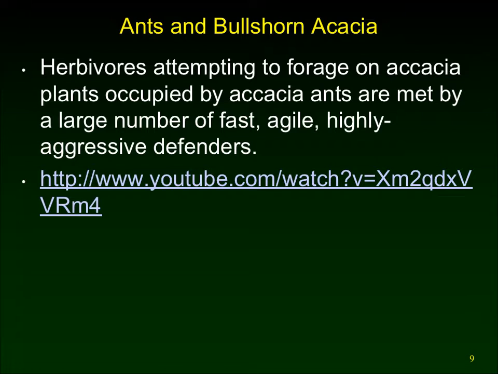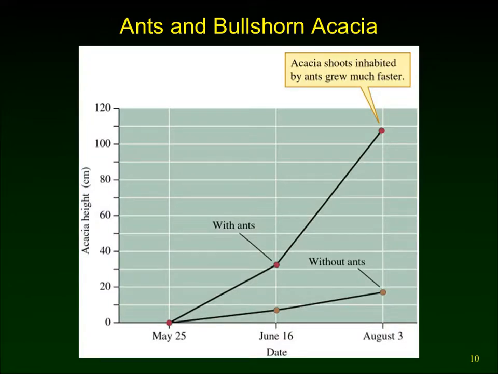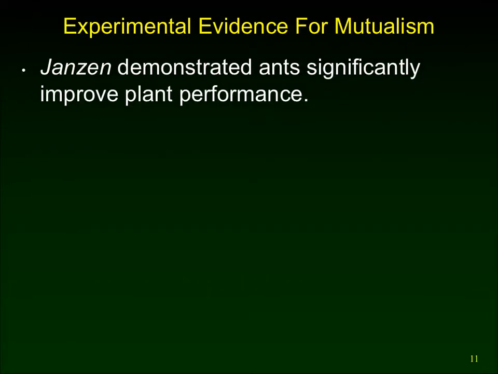And then they also produce some structures called Beltian bodies, which are a source of oils and protein. And you can check out that video for examples here. So here you can see the ants in this acacia, their relationship, and notice the acacia had much better growth when it had ants than without ants.